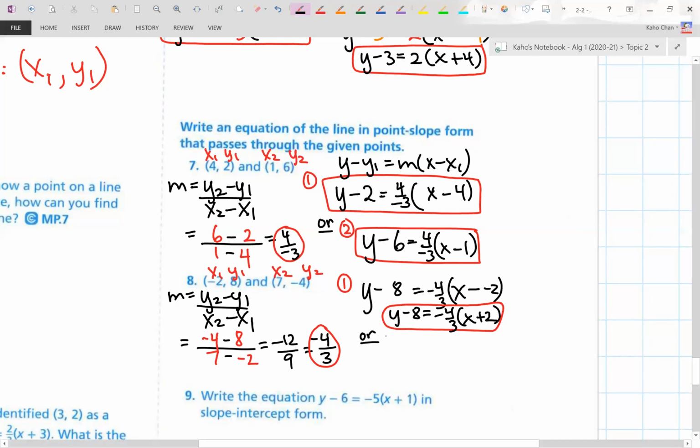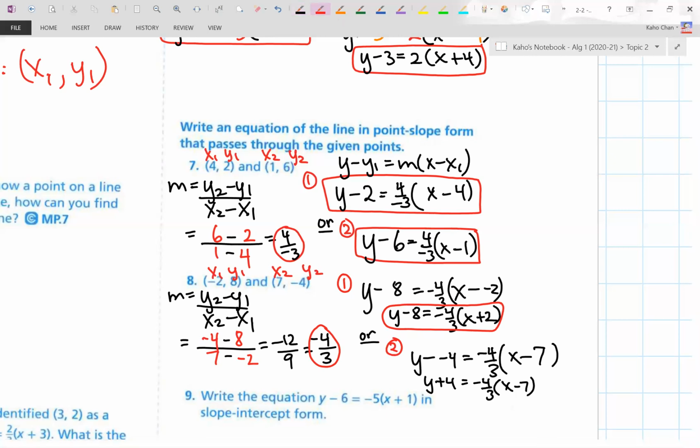They both work. They're the same line. Trust me. Let's plug that in. All right. And that second point is 7, -4. And when you clean that up, you'll get y plus 4 equals -4/3 times x minus 7.